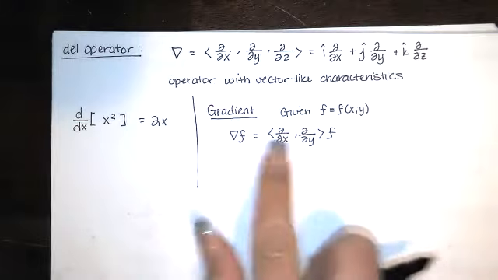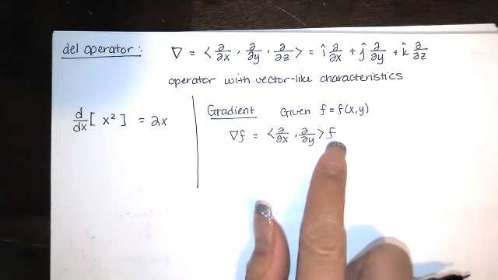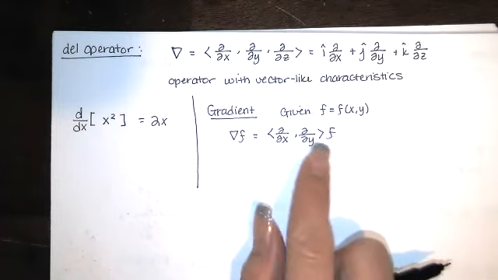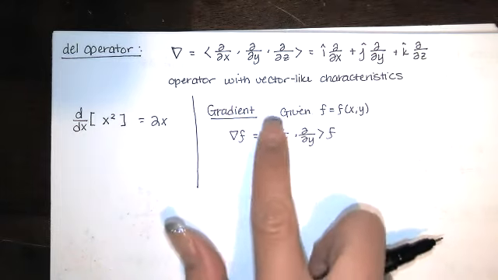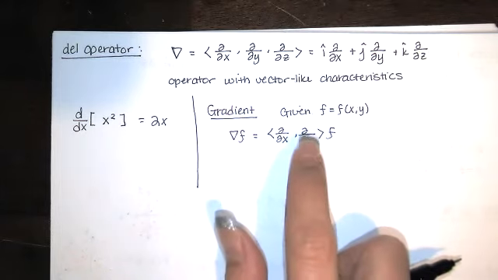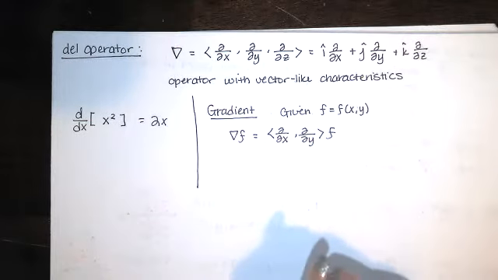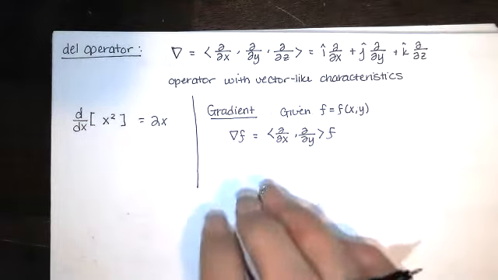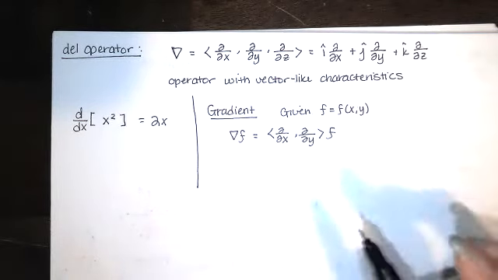And now this almost looks like scalar multiplication. It looks like I'm taking a vector and multiplying it by a scalar. The way I multiply a vector by a scalar is I just distribute, right? I say this component times the scalar plus this component times the scalar. It's kind of like that, but every time we would typically multiply, we're going to operate on the function or act on the function.